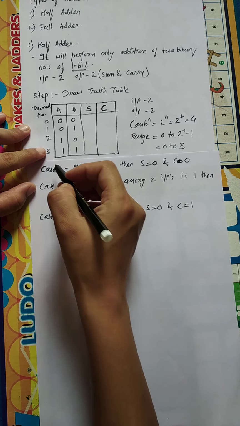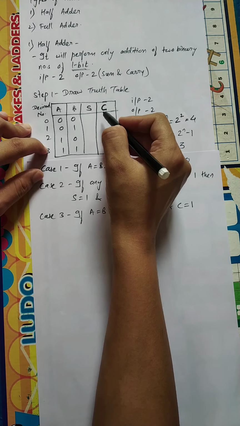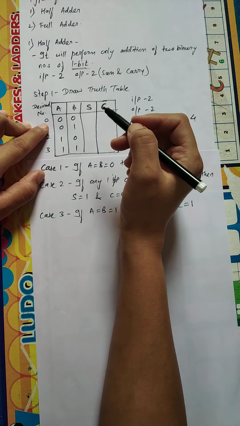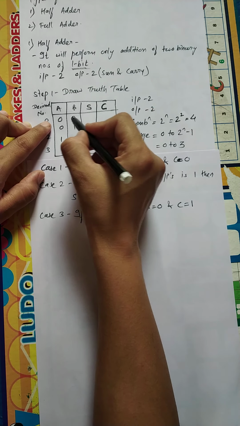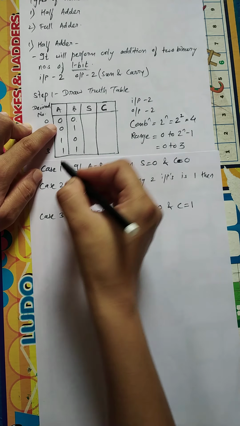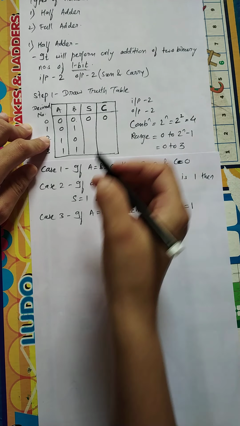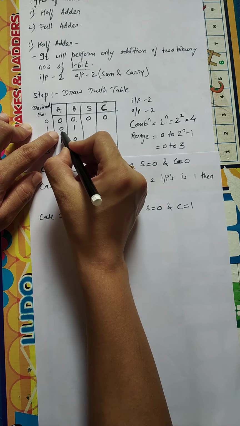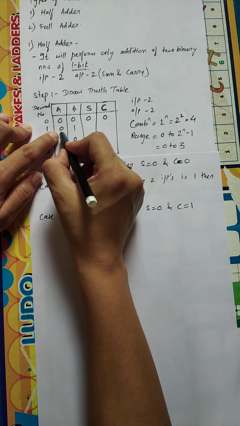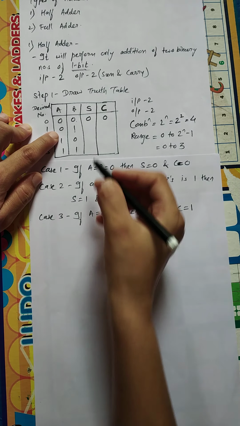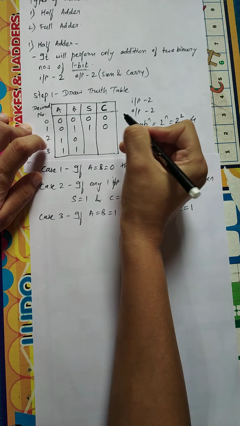Now by using these three cases we can complete this truth table, right? So here you can see that both the inputs are 0 0, that means case 1 is applied. So here sum is 0 and carry will be 0. Now in this case one of the inputs is 1, so case 2 is applied, so sum will be 1 and carry will be 0, right?